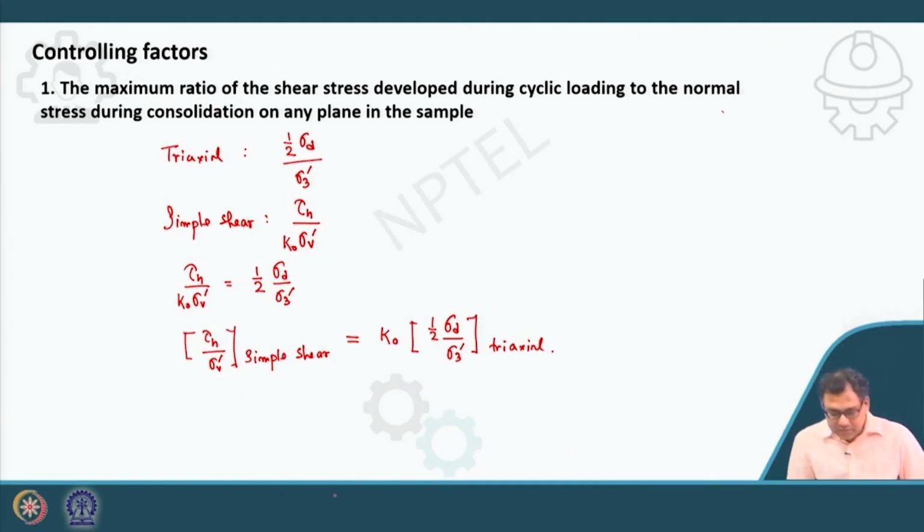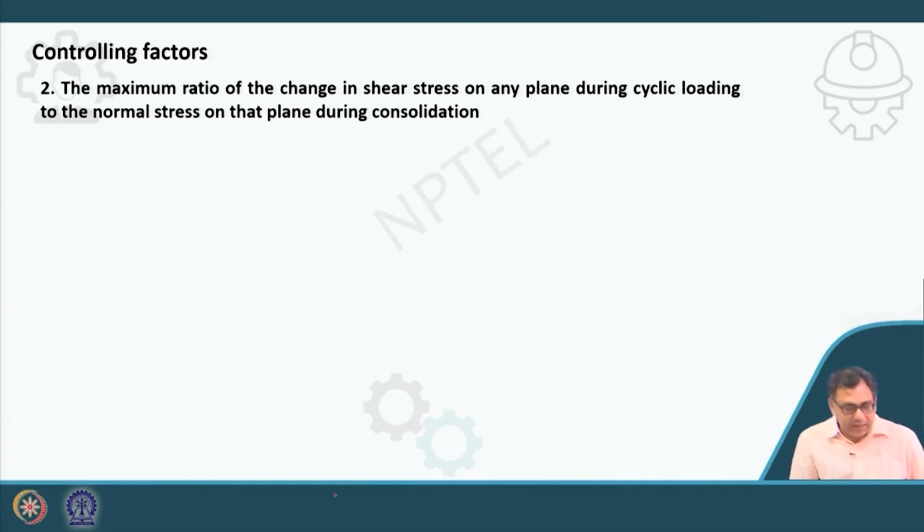Now come to the next controlling factor. So what is the next controlling factor? The maximum ratio of the change in shear stress on any plane during cyclic loading to the normal stress on that plane during consolidation. So that will be the same. Now this condition for triaxial: the initial shear stress was 0, then the level of shear stress is half sigma d.